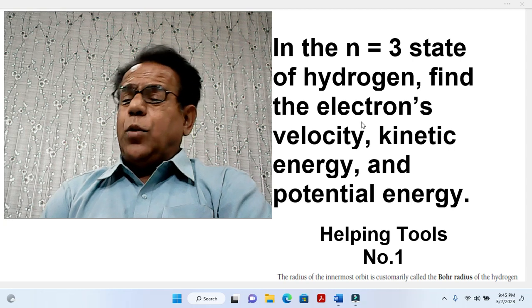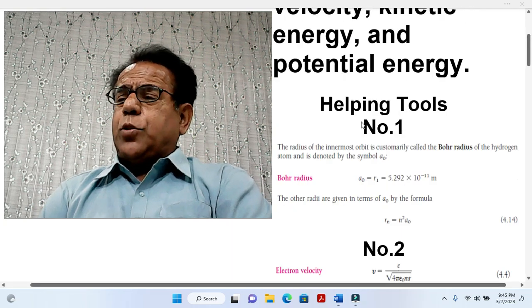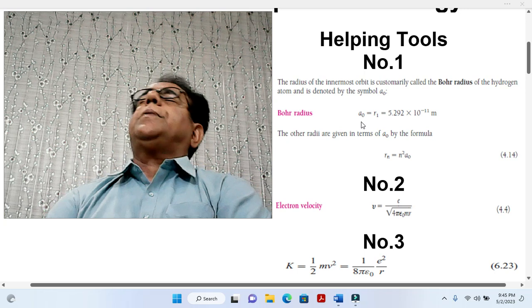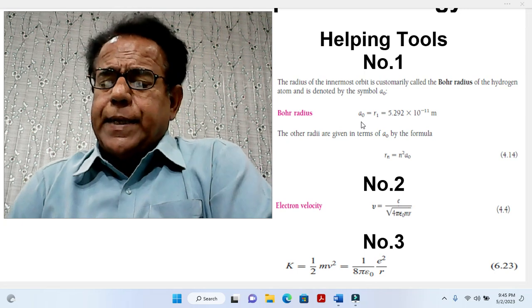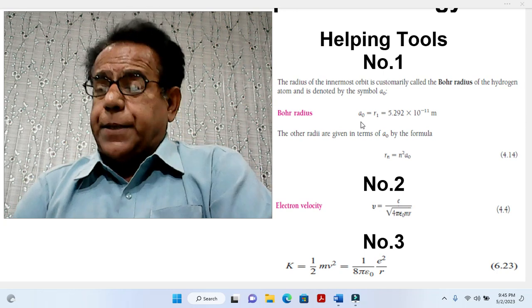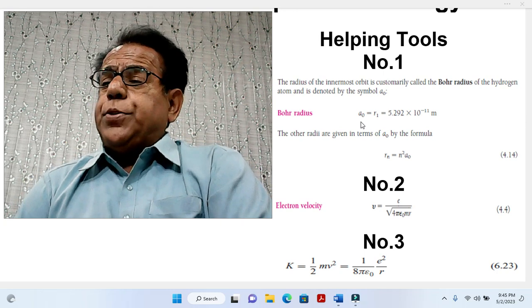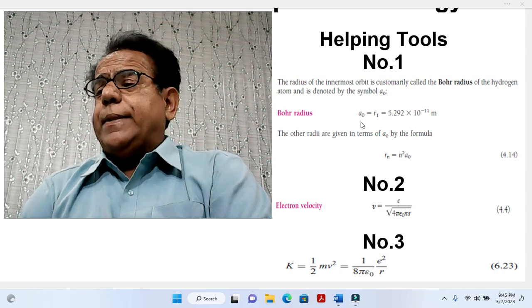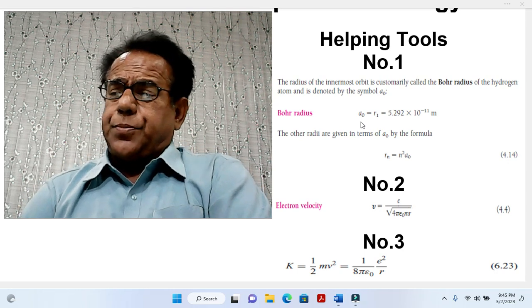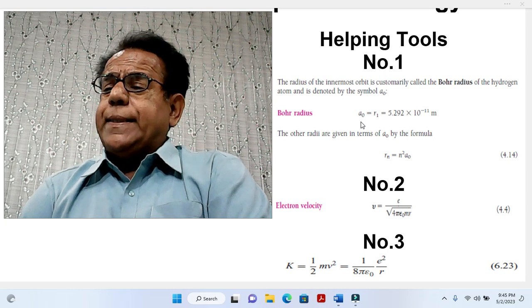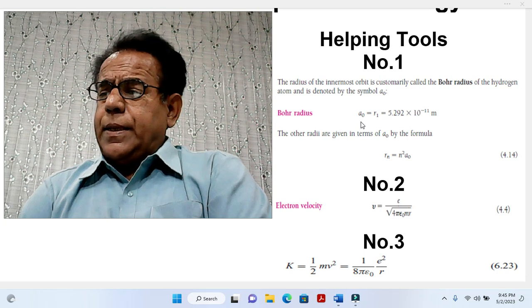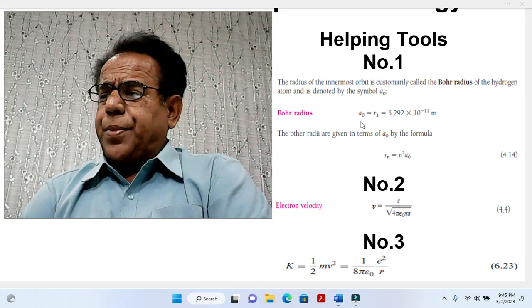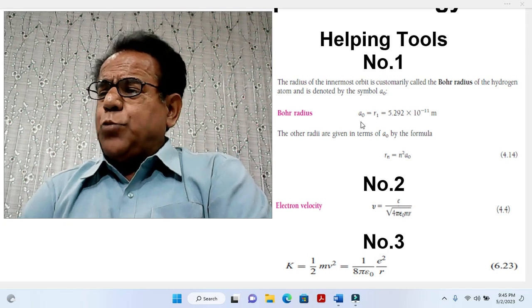Anyhow, we come to our solution, and before coming to our solution in a formal manner, we first visit our toolkit, helping tools. Tool number 1. Dear students, in this tool, Bohr radius and other radii in terms of A naught are defined.